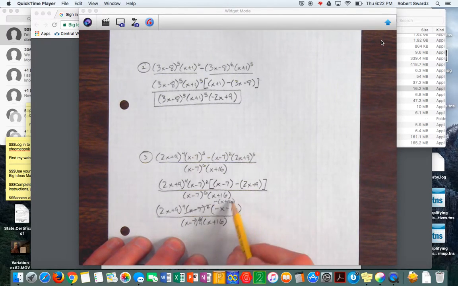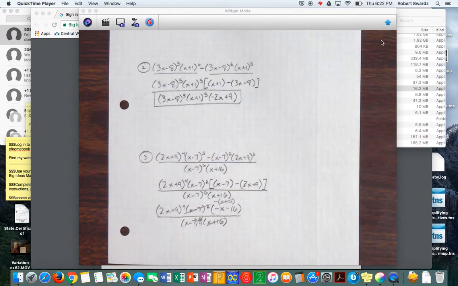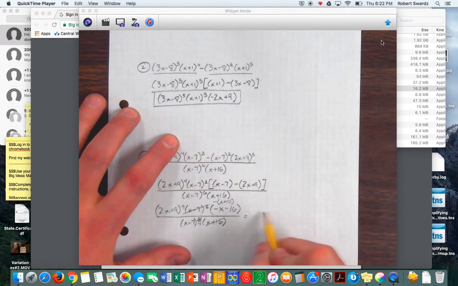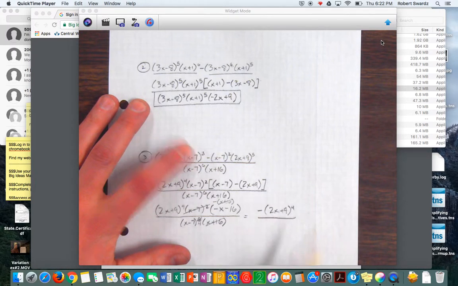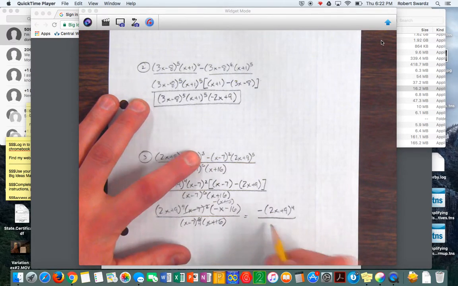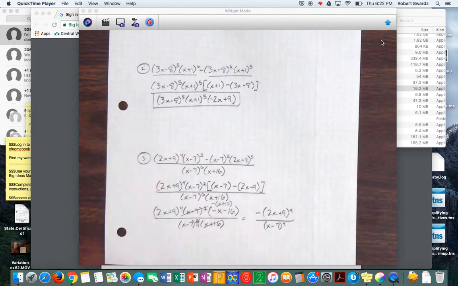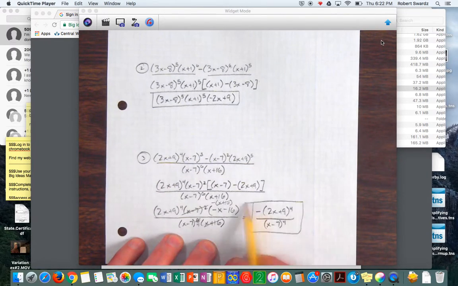So this x plus 16 and this x plus 16 actually do cancel. We're left with a negative up there. So we're going to have negative 2x plus 9 to the 4th over, we still got this x minus 7 to the 4th power. And there is our final answer.